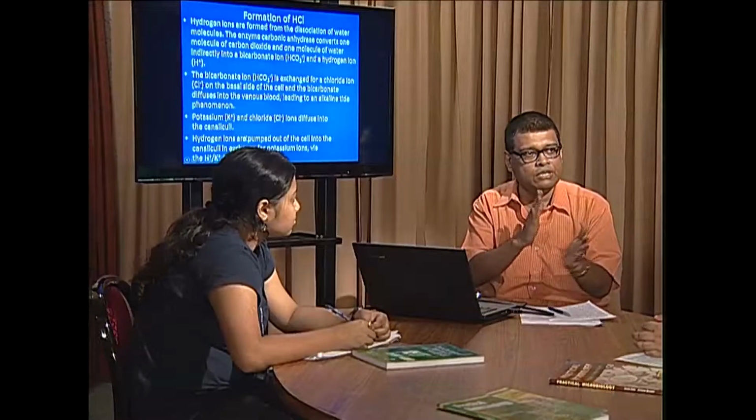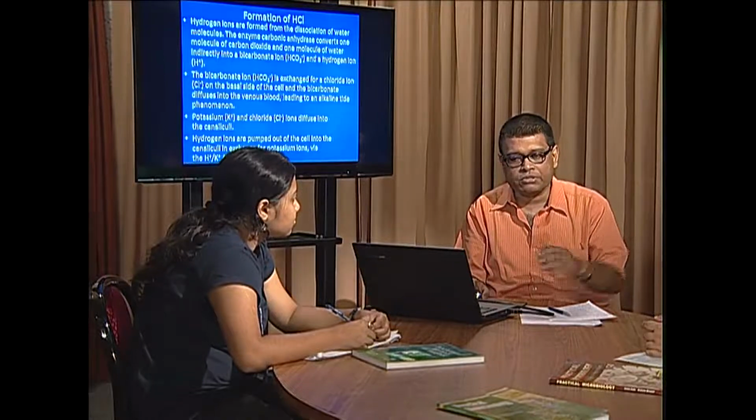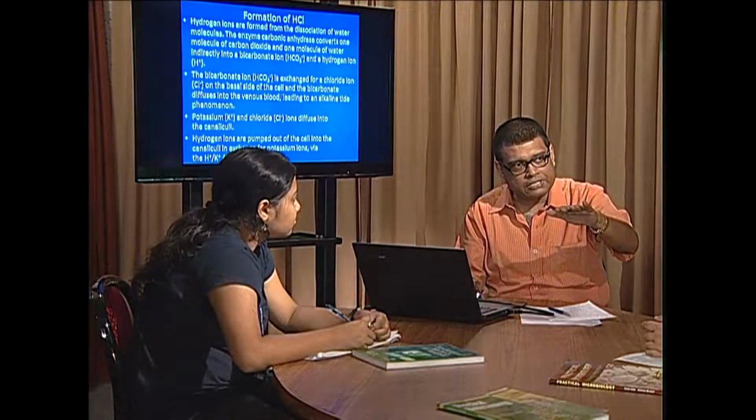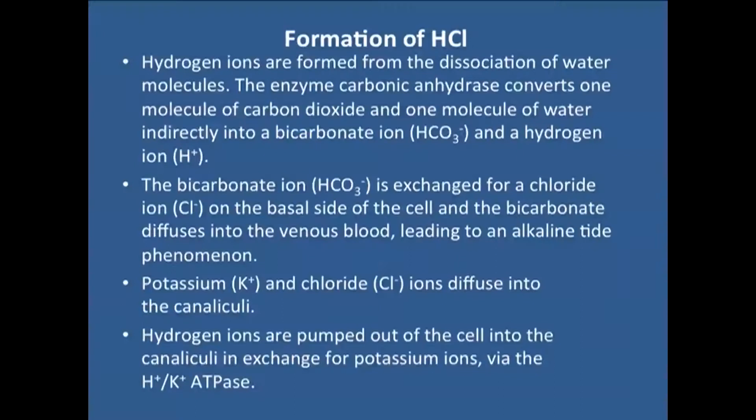So H and Cl will combine and HCl will be produced, and this will reduce the pH almost to 2 to 3 in the stomach lumen. And as it comes down, it will kill the majority of bacteria, though some acidophiles will survive at this low pH. So this particular HCl production is the second line of defense in the human alimentary canal.